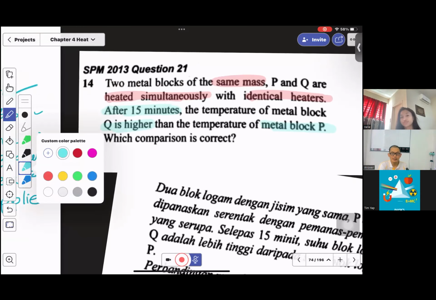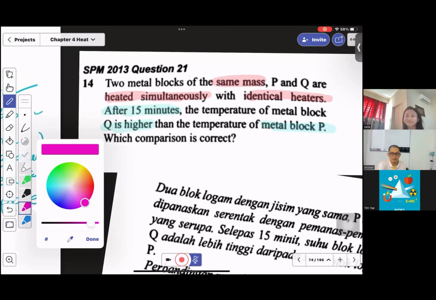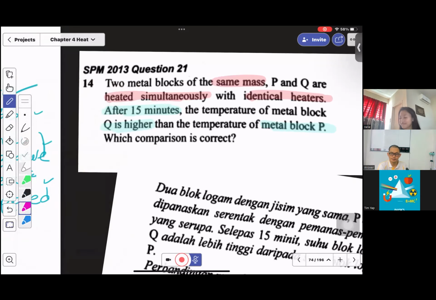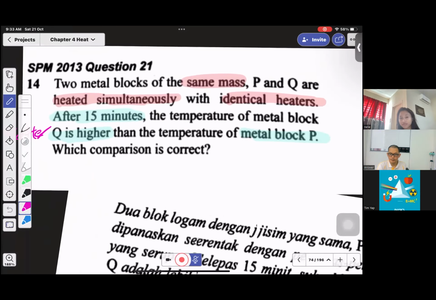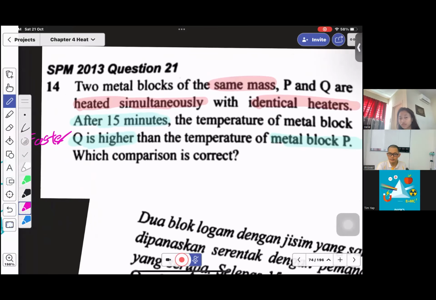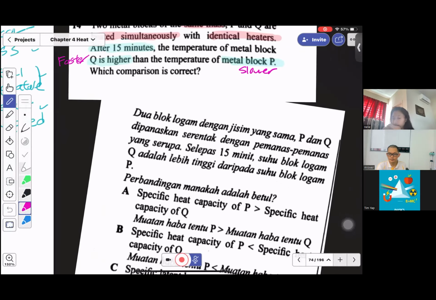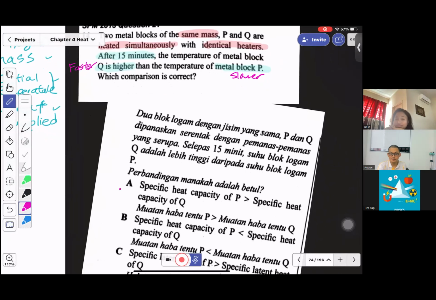Faster means the capacity is small, so you can fill up faster, right? So this one faster, this one slower. So the answer is A. Is it okay?